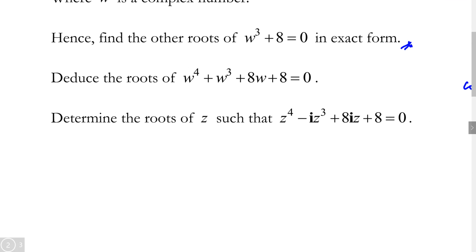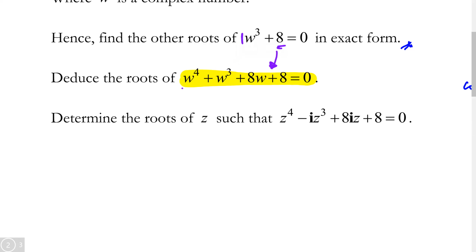Deduce the roots of w to the 4 plus w cubed plus 8w plus 8 equals 0. So basically we need to use the previous result to show this part here. At a glance, I know that this is a 1 and this is an 8, so I'm trying to make the 1 and 8 out.